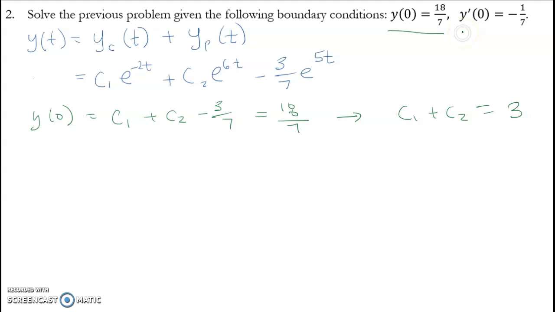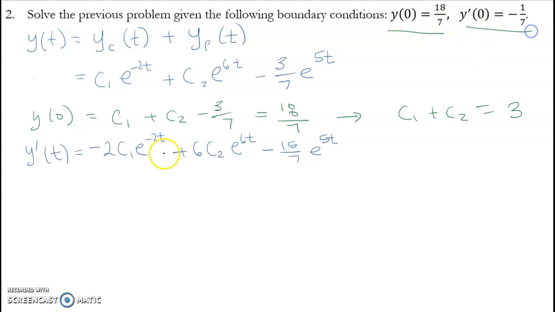All right, so it seems like we have to find a derivative. So let's go ahead and do that. y prime of t is going to be negative 2 c1 e to the power of negative 2t plus 6 c2 e to the power of 6t minus 15 over 7 e to the power of 5t.